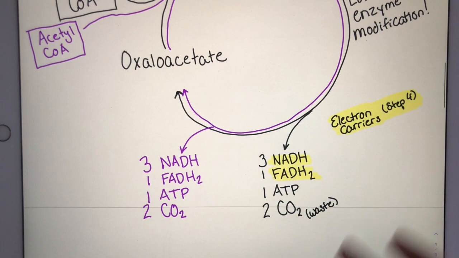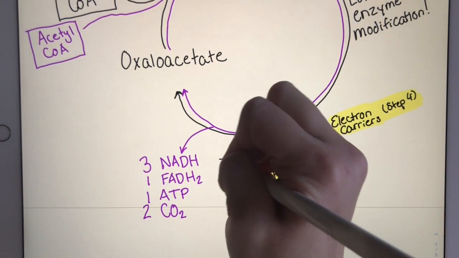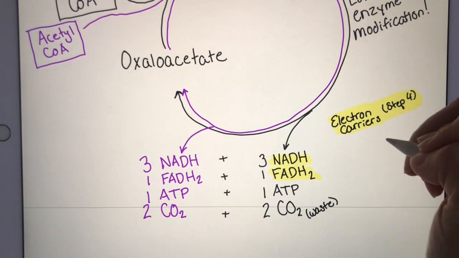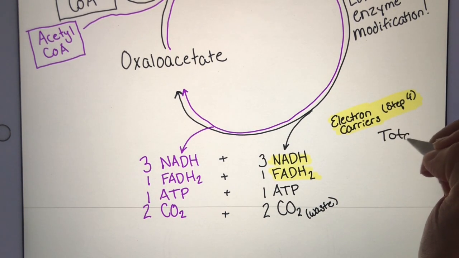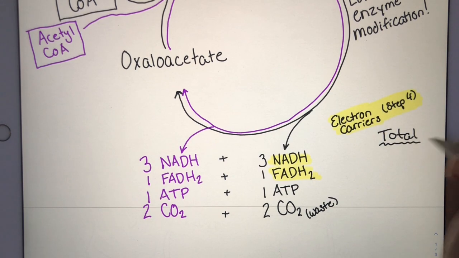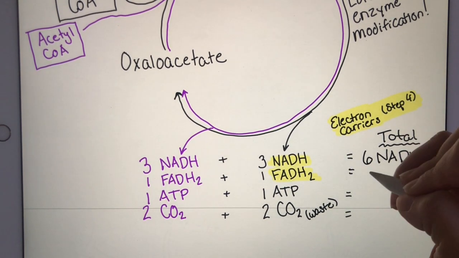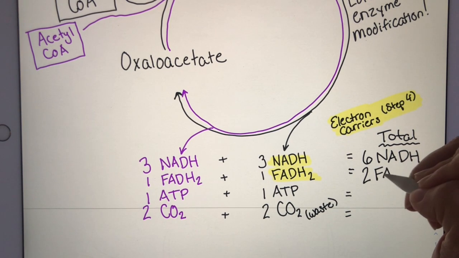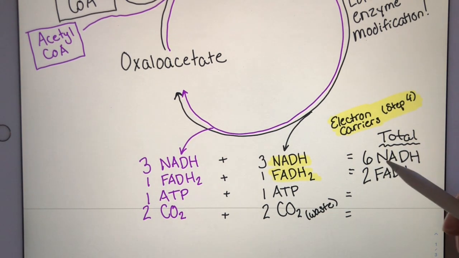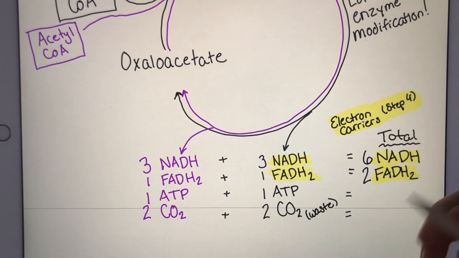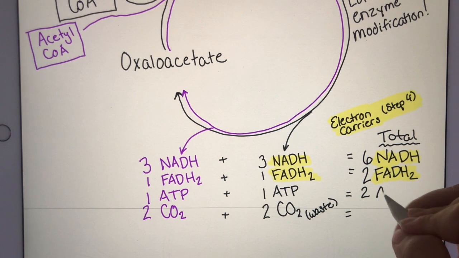So let's get the total. Well, we just have to add. You can add straight across. I'm going to put like a total column here. We have 6 NADH. We have 2 molecules of FADH2. Remembering that both of these are electron carriers we're going to need later. We have 2 molecules of ATP.